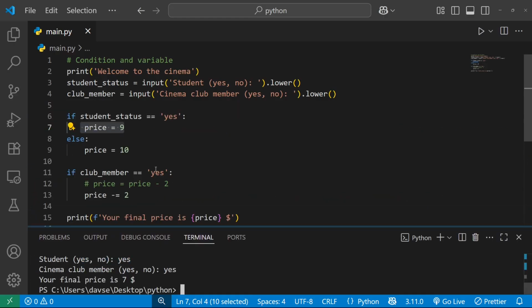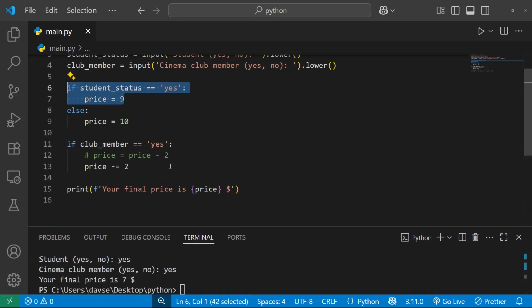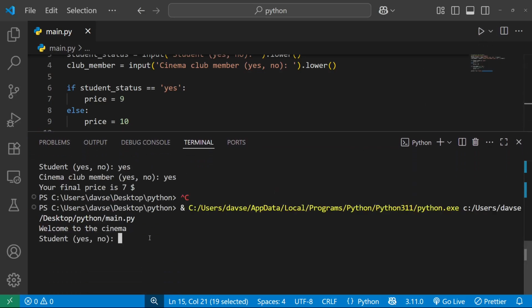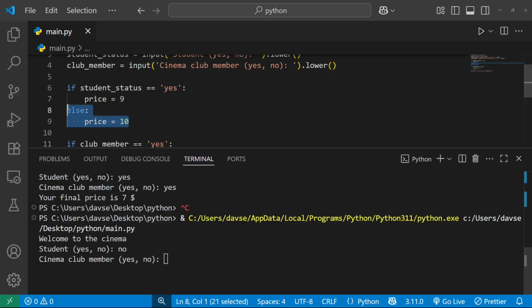It means 9 because we are a student, minus 2 because we are club members, and the final price is 7. It makes sense. Now, for example, we are not a student, so the price is 10. And club member, I put yes, so 10 minus 2, and it's $8.